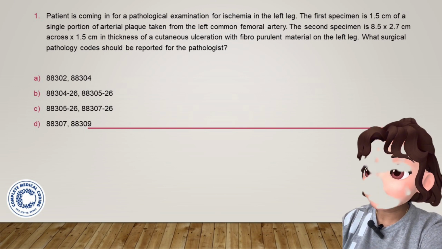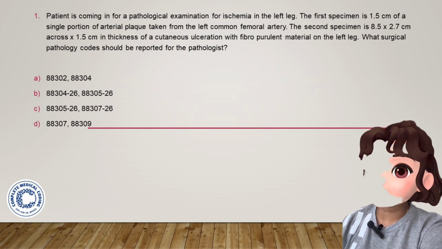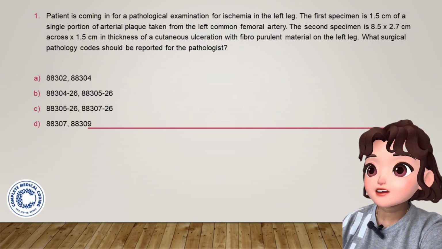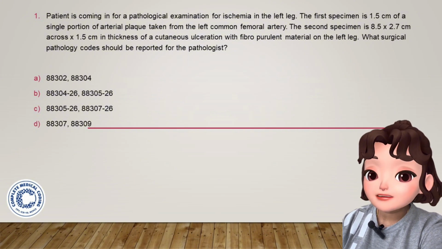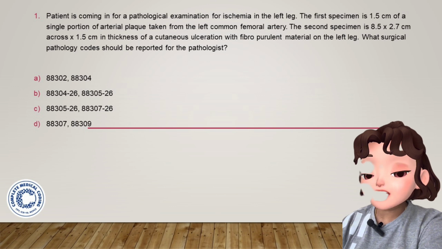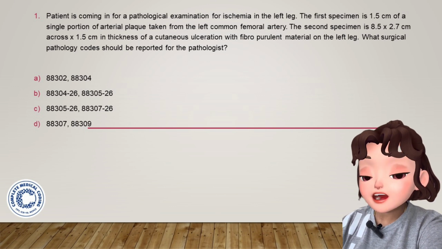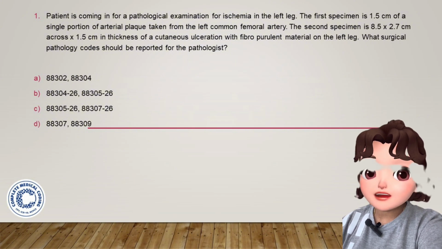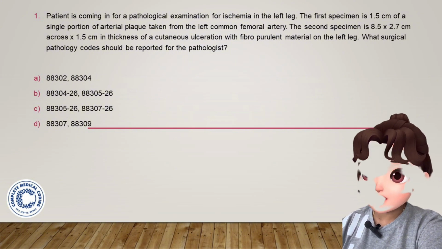So for the first specimen, it is 1.5 centimeter of a single portion of arterial plaque taken from the left common femoral artery. So for arterial plaque we need to check if it is present in the level 3 procedure.